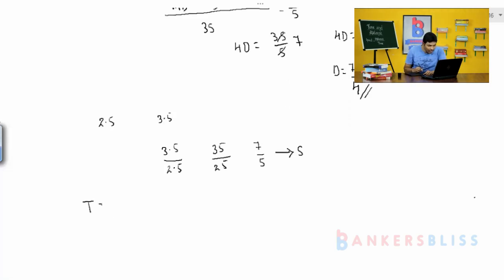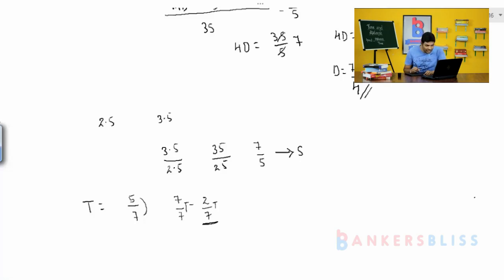Therefore the time will be, see here, time is inversely proportional to speed. So if the ratio of the speed is 7 by 5, then time is going to become 5 by 7. So what is the difference between these two? 2 by 7. So we can write it as 7 by 7 of t minus 2 by 7 of t.